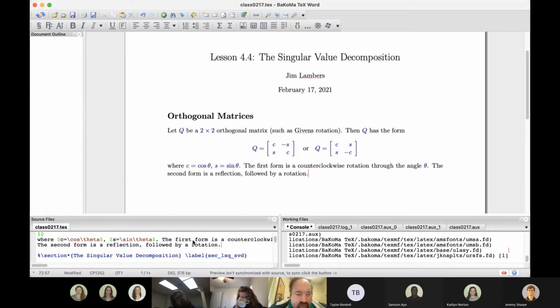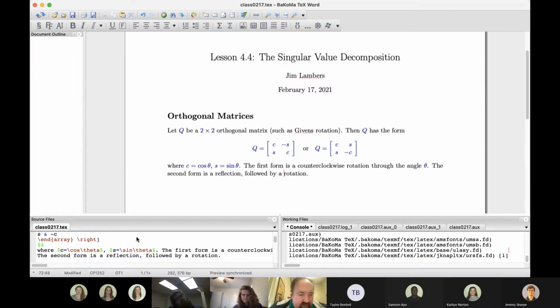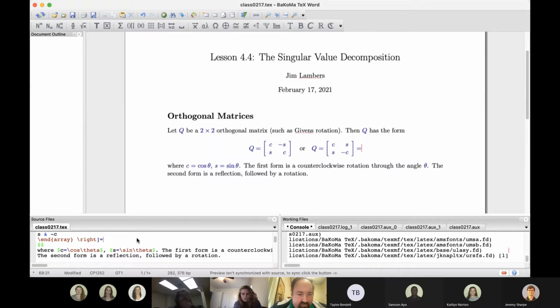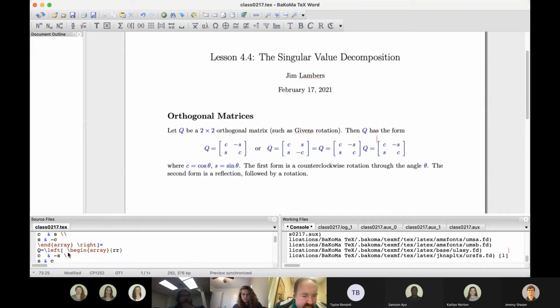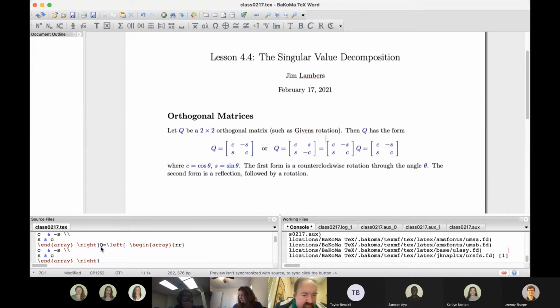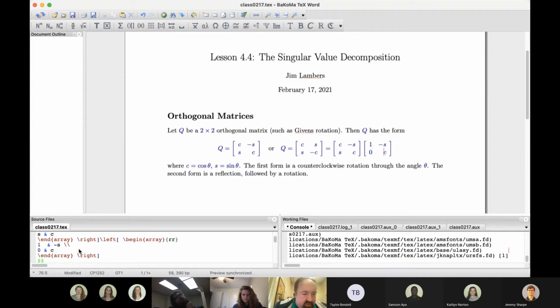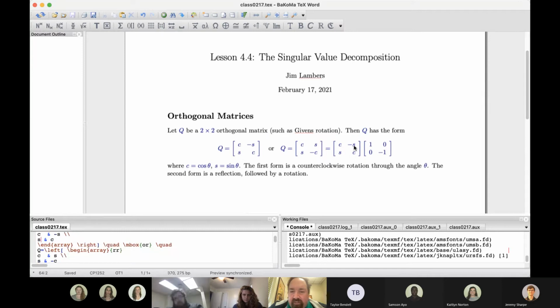followed by a rotation. Because what I can do is take this second matrix and factor it. This matrix multiplying on the right just negates the second column, so the other factor is the exact same rotation that we have over here.